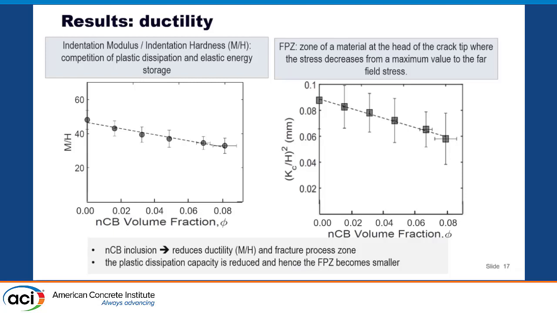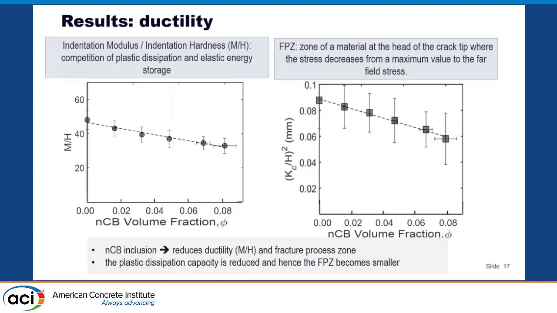For ductility, we estimated it from the relationship between indentation modulus and indentation hardness, developed by Franz and co-workers. This relationship can be considered as a competition between plastic dissipation and elastic energy storage, which represents the ductility of the material.